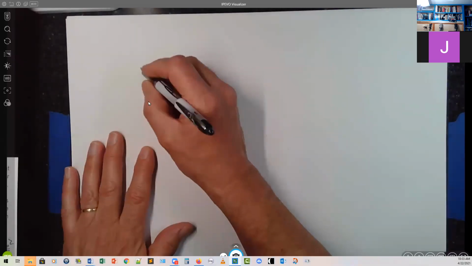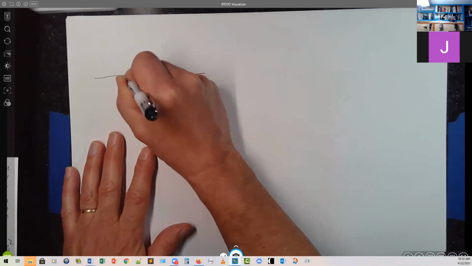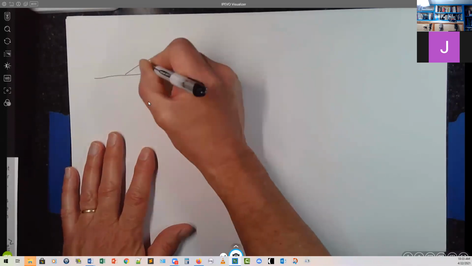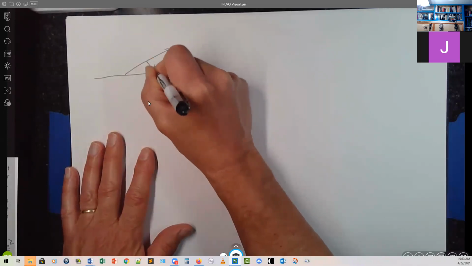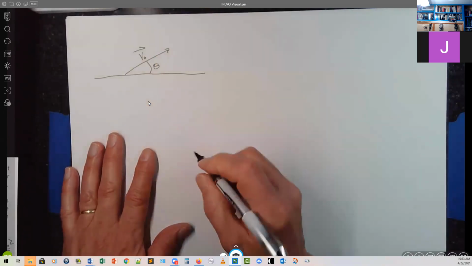Today we're going to start looking at projectile motion. Yesterday we got a little bit of an introduction to that, and to some right angle trigonometry that you're going to use for it. The idea with the projectile is that it'll be launched at some angle from the horizontal, and that's where we measure the angle from. This would be V0, the velocity.